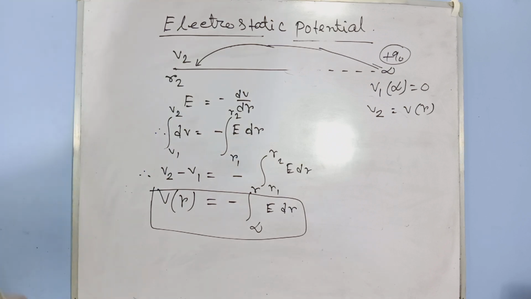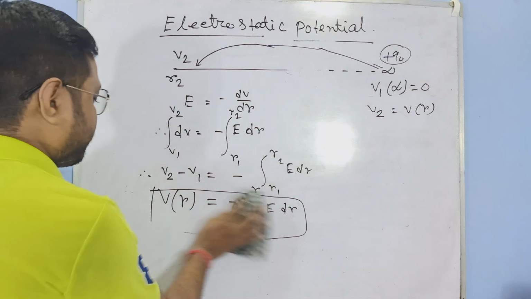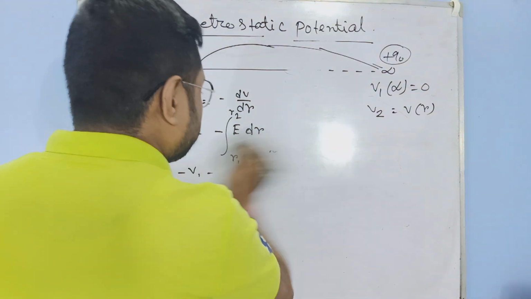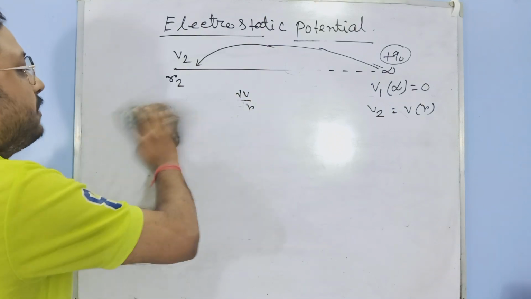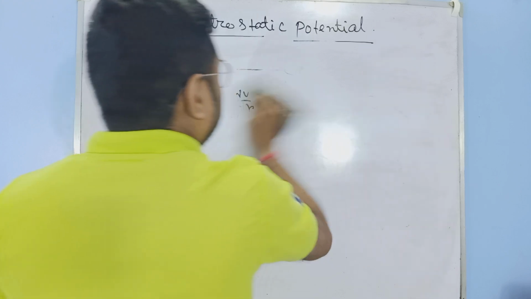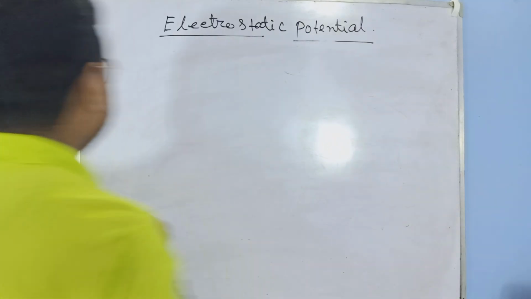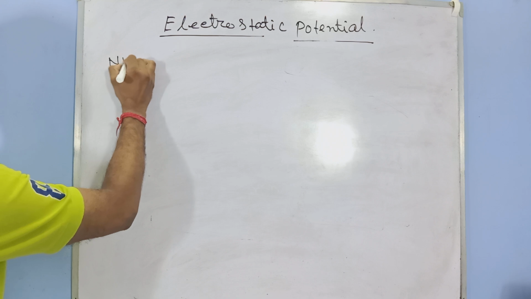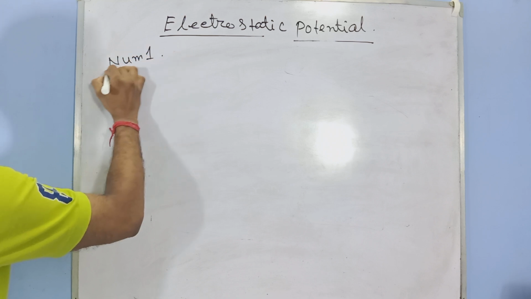Now we go with two very important problems, because without any numerical example the concept will not be clear. Numerical number 1.